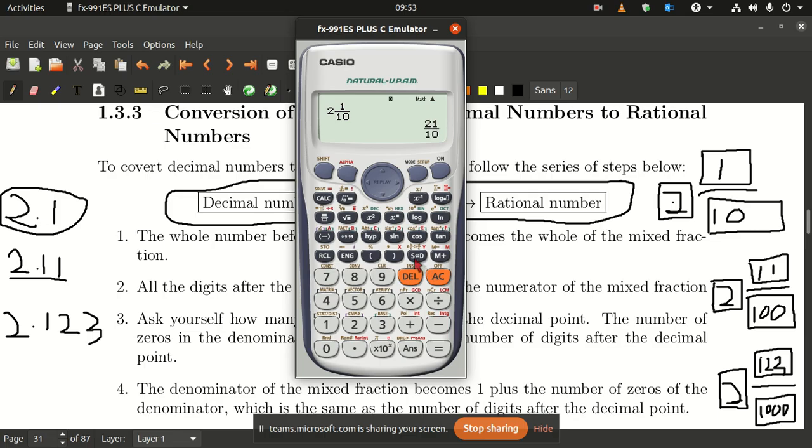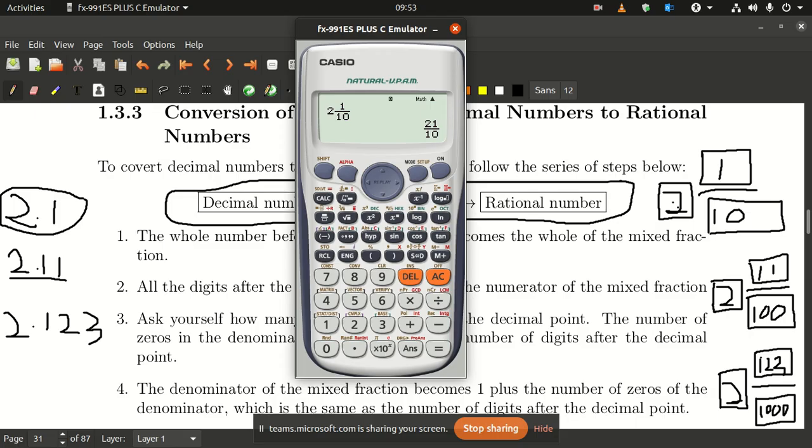As I said before, the next thing you have to do is convert this number to a rational number, or a fraction. I said in class that to convert this, it is very simple: you take the whole part times the denominator plus the numerator, and you get the new numerator.